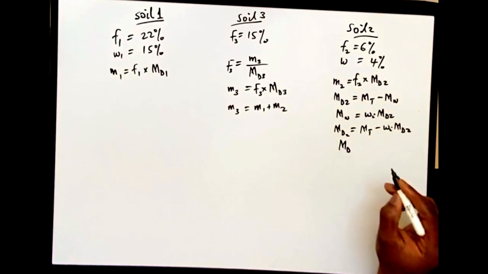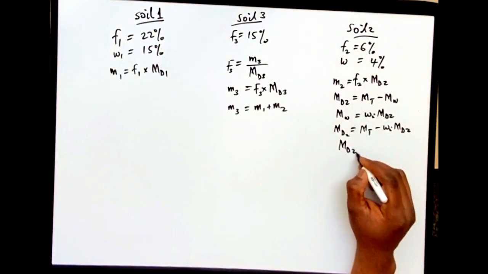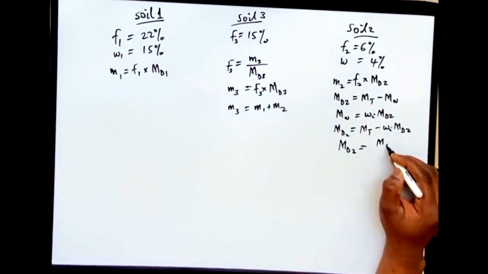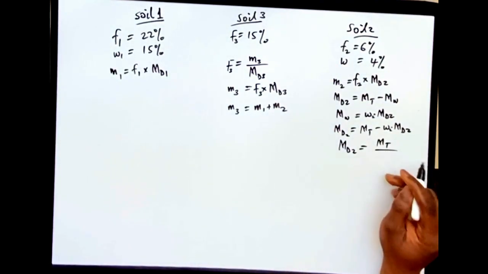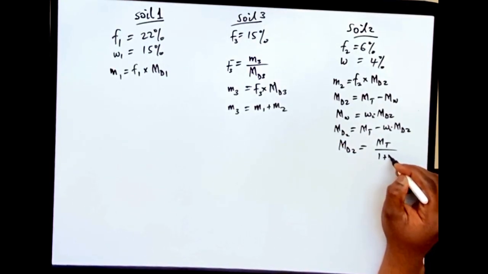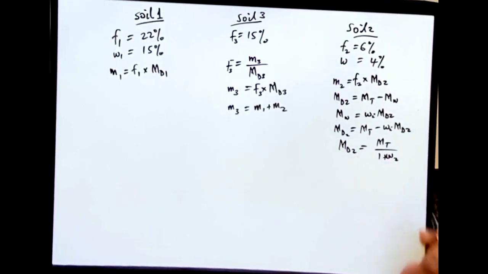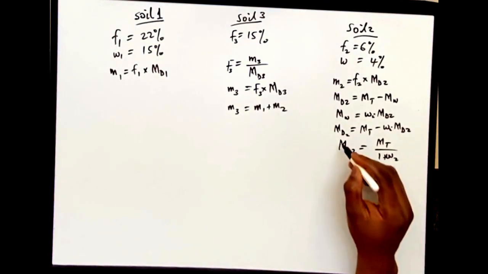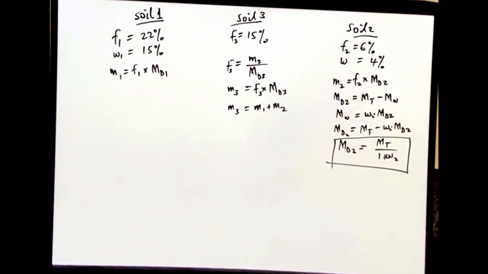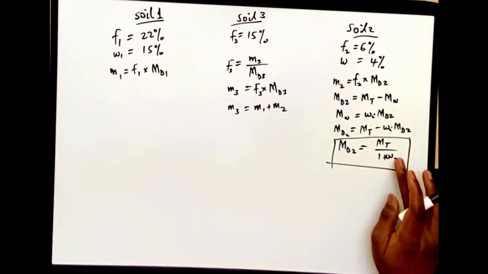You can see that the dry weight of soil 2 can be related as the wet weight over, if you bring this here and then you divide, 1 plus the moisture content of soil 2. And actually this relationship, I could have come straight to this relationship because this is a well-known relation in soil mechanics.